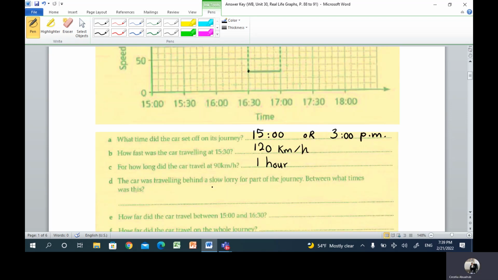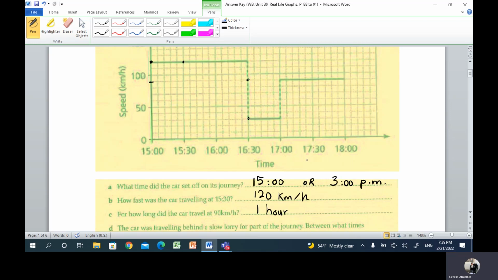So the car was traveling behind a slow lorry between 16:30 and 17.